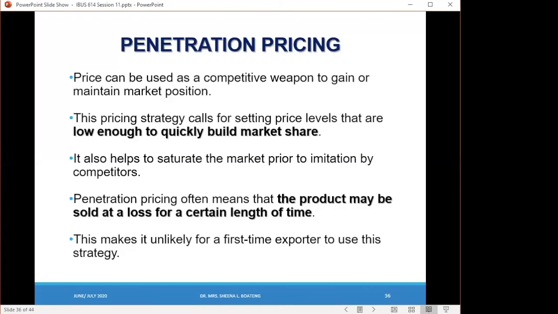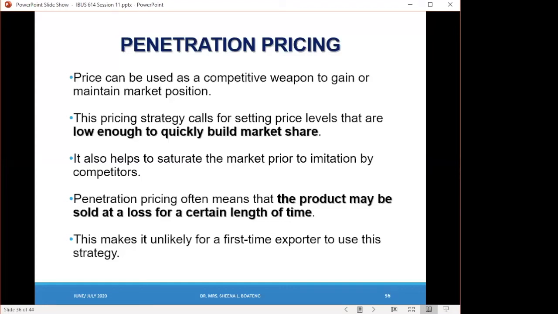Let's start with penetration pricing. With penetration pricing, the global marketer uses price as a competitive weapon, using the lowest price at which they could possibly sell the product in the market to build their market share.